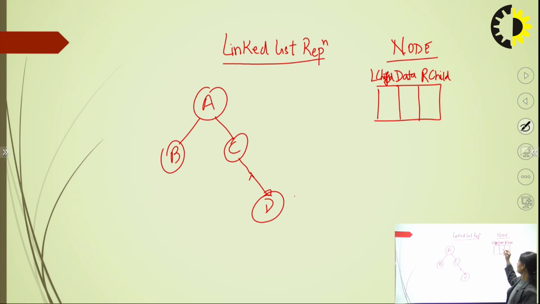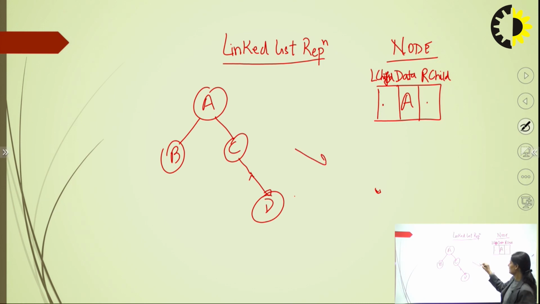If we want to store A, then A is the data, and since we have two children, it stores the address of B in the left child and the address of C in the right child.